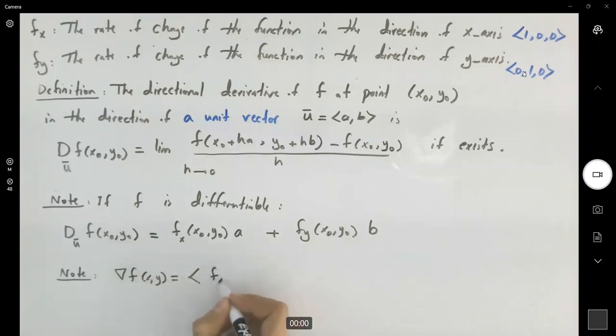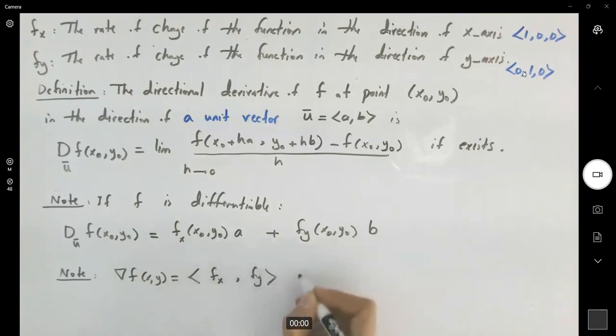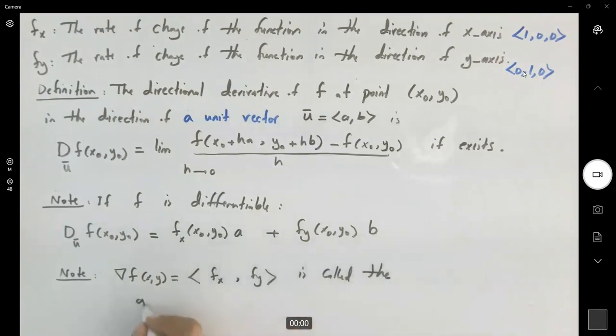Partial derivative of f with respect to x and partial derivative of f with respect to y is called the gradient of function f, which is a vector function.